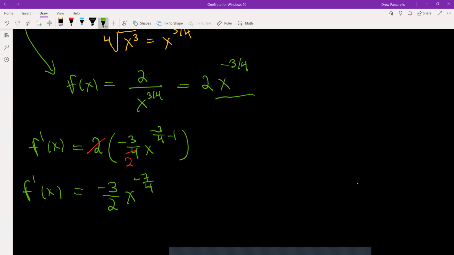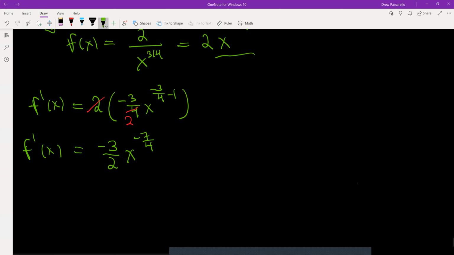All right, and I would go ahead and just make this a positive exponent. So by rewriting it, it becomes negative 3, and then on the denominator, we have 2 from the 3/2, and then x to the 7/4 power. All right, that is the derivative.